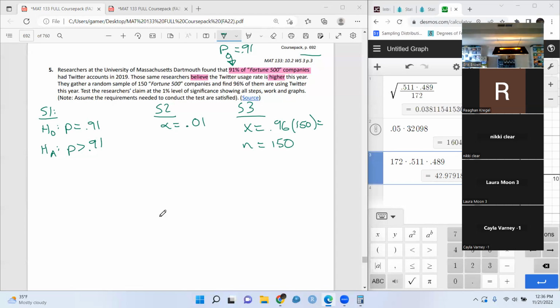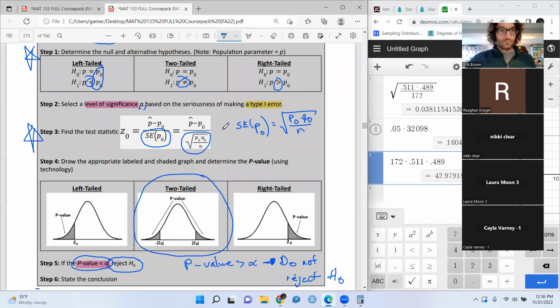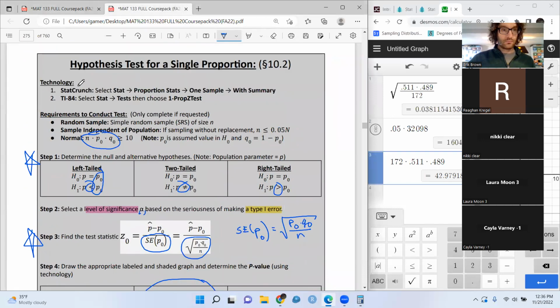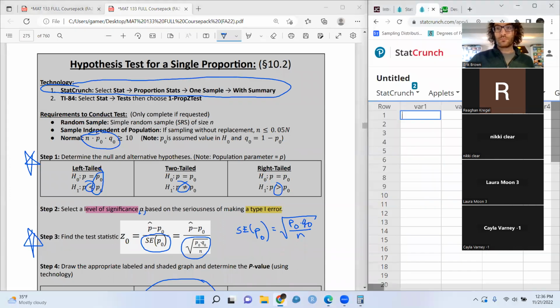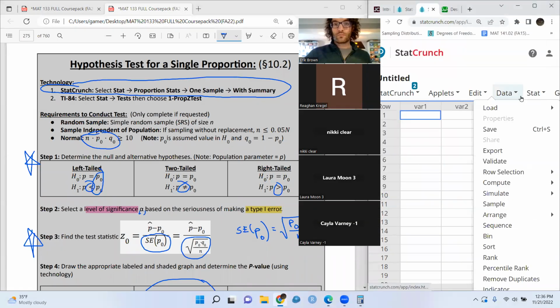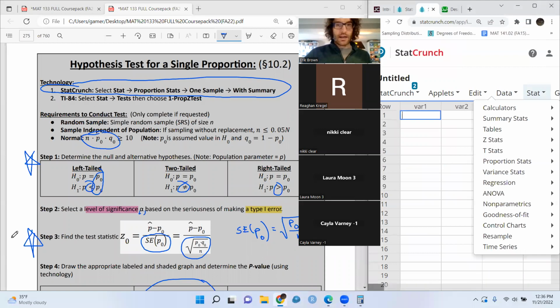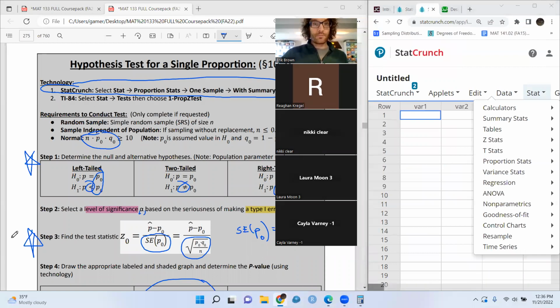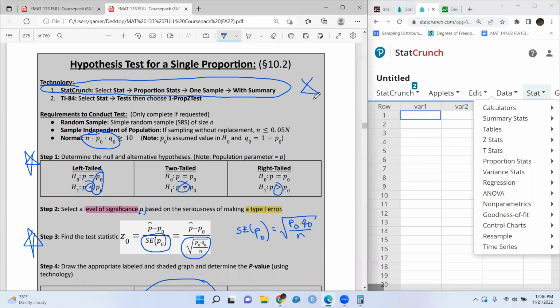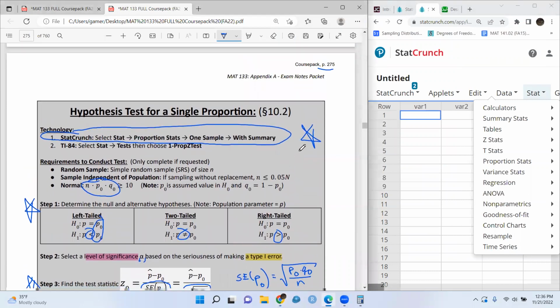Where am I going in StatCrunch? It's Stat, Proportion Stats, One Sample, With Summary. In case you forget that in the future, it's right here on the top of your reference sheet on page 275.